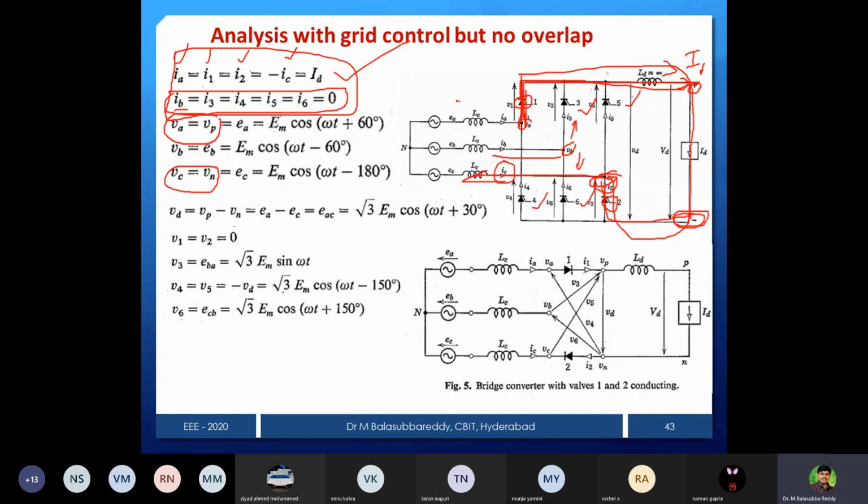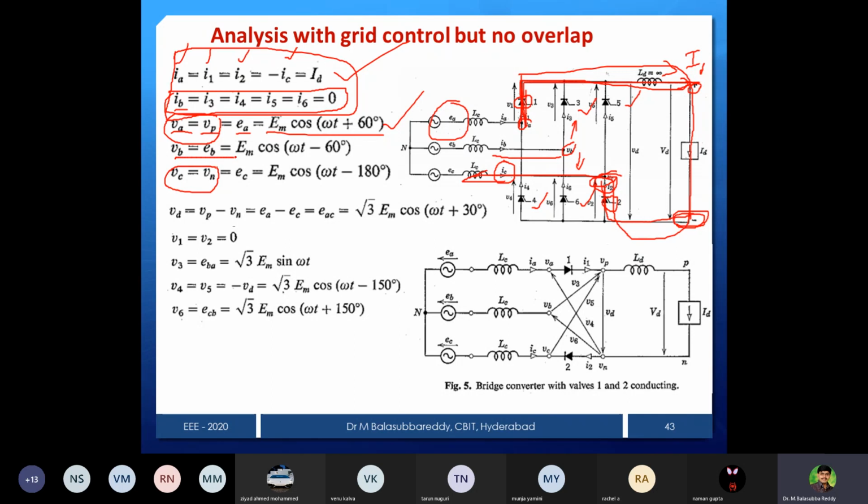And that is also the same as this voltage, let it be EA. EA is nothing but, as we observed in the previous slide, EM cos(omega t plus 60 degrees). EC is equal to EM cos(omega t minus 180 degrees), like that. So EB is equal to EM cos(omega t minus 60 degrees). So that is EA and VP, and EA is the same, that is just the supply.